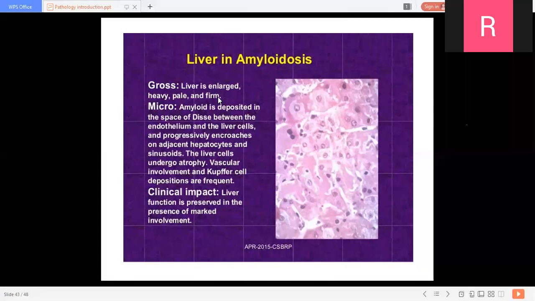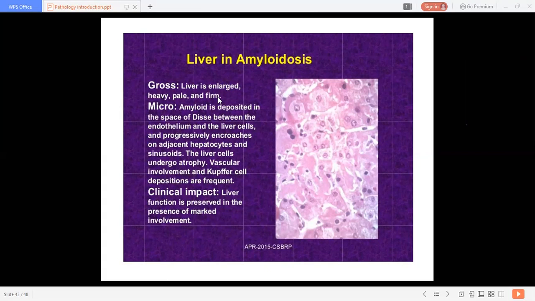There are definitely changes in the liver, but the function of the liver is still preserved, because some of these hepatocytes or some of the lobules of the liver are normal. Although it may become extensive, the function of the liver is preserved and not much affected.